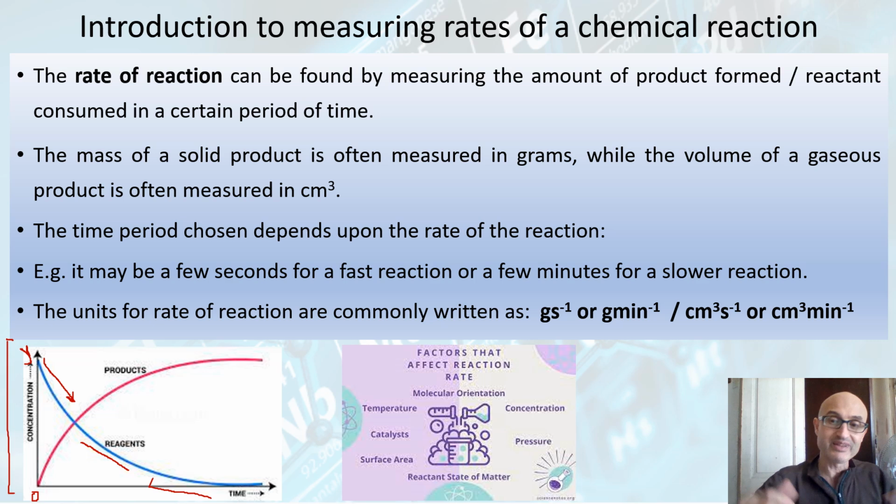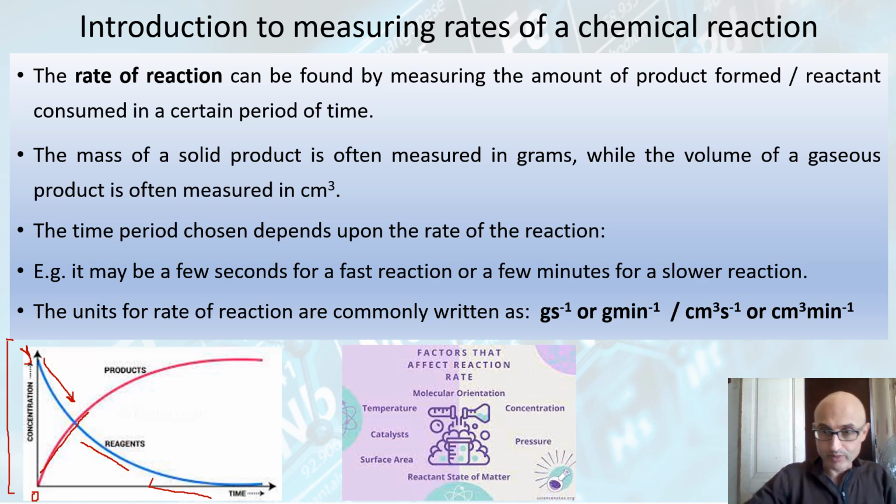However, at the same time as the reactants are decreasing, the products are increasing. Now, initially, once again, notice how the steep drop in reactant particles is mirrored by a steep rise in product formation. Why? Because as the reactants are very quickly consumed at the start of a reaction, obviously, the products are being very quickly formed.